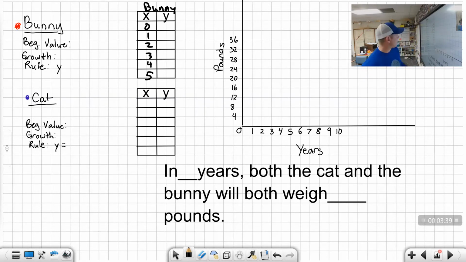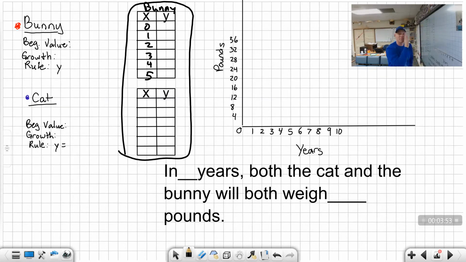Okay, welcome back. Now, you should have your table and your graph completed. Now, I don't know if you noticed this, but it doesn't match. There's not a matching number in the tables. It's on purpose.